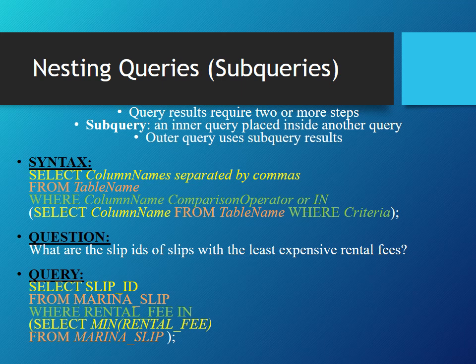So I have select min rental fee from Marina Slip in the innermost query. Now that I know what is the least expensive, I can do my outermost query, which is select slip ID where rental fee, and then I use the keyword in, which says everything inside that inner query must be true to get the information for the outer query.